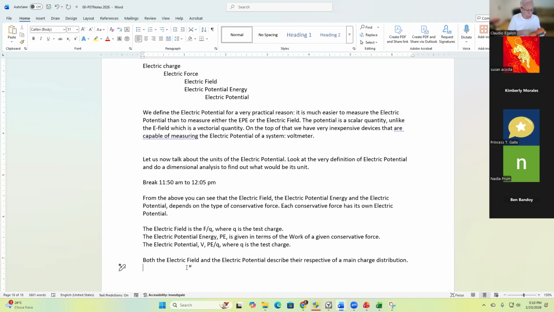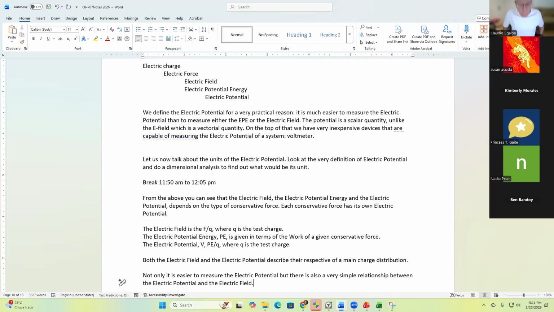One more thing. Not only is it easier to measure the electric potential, but there is also a very simple relationship between the electric potential and the electric field.